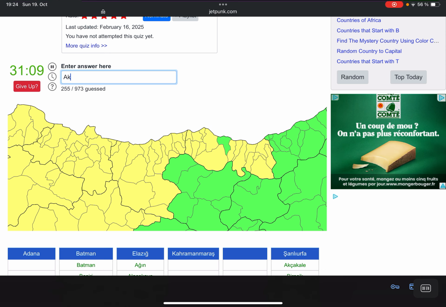Then we have Akçaabat, Maçka, Çarşıbaşı, I think, Vakfıkebir, Düzköy, Tonya, Beşikdüzü, and Şalpazarı.